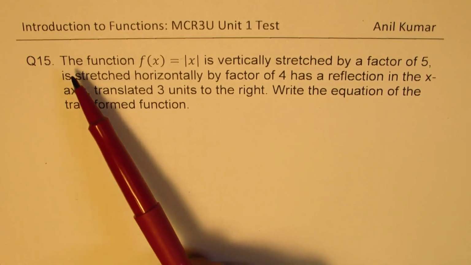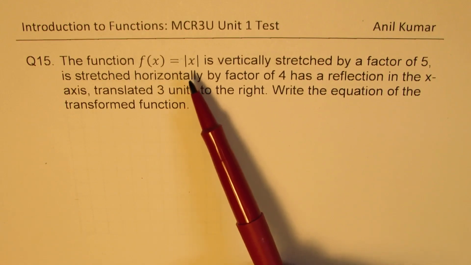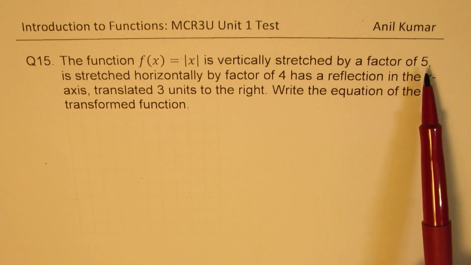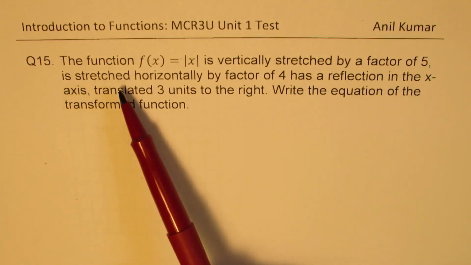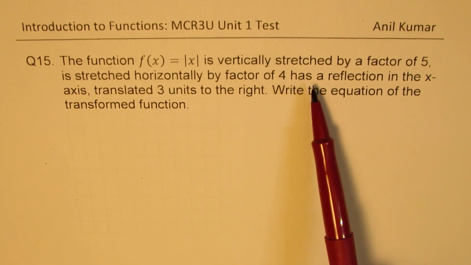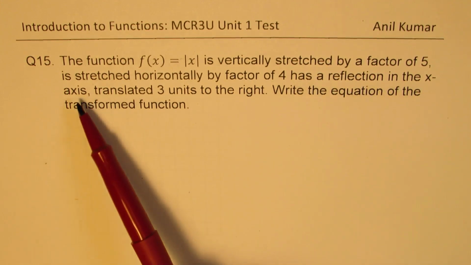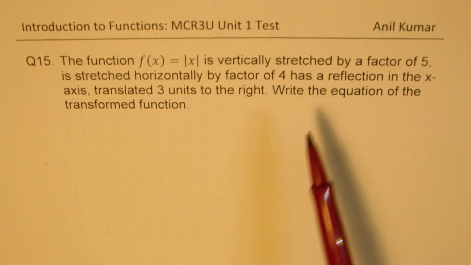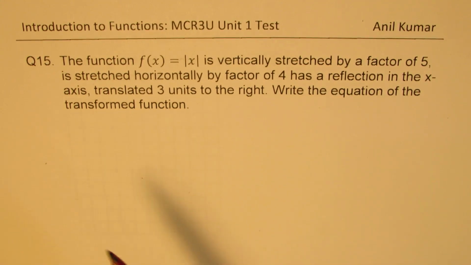Question 15. The function f of x is absolute x. Now this function is vertically stretched by a factor of 5, stretched horizontally by a factor of 4, has a reflection in the x-axis, translated 3 units to the right. Write the equation of the transformed function.